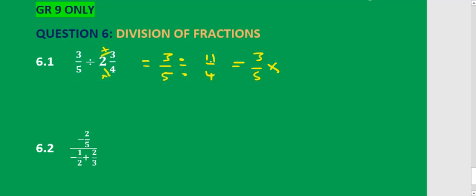So if you change the division to a multiplication, the last fraction will also become an inverse. And of course, 11 over 4 will flip and it will become 4 over 11. So let's repeat. If you change the division into a multiplication, then you must also flip the fraction at the end. Now 3 times 4 is 12, 5 times 11 is 55. That is our solution.